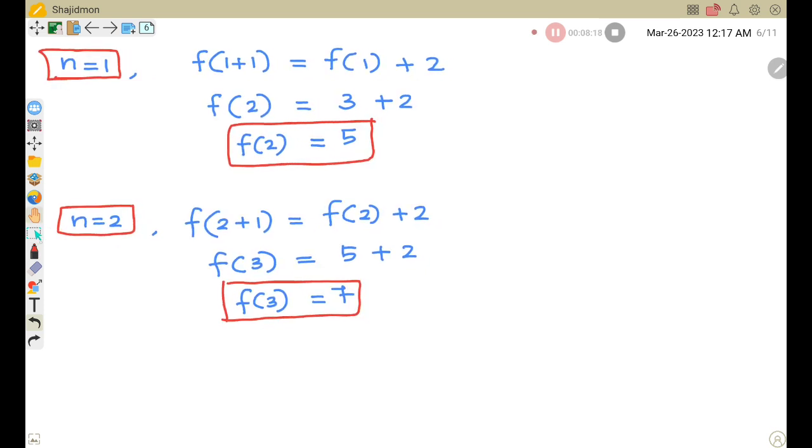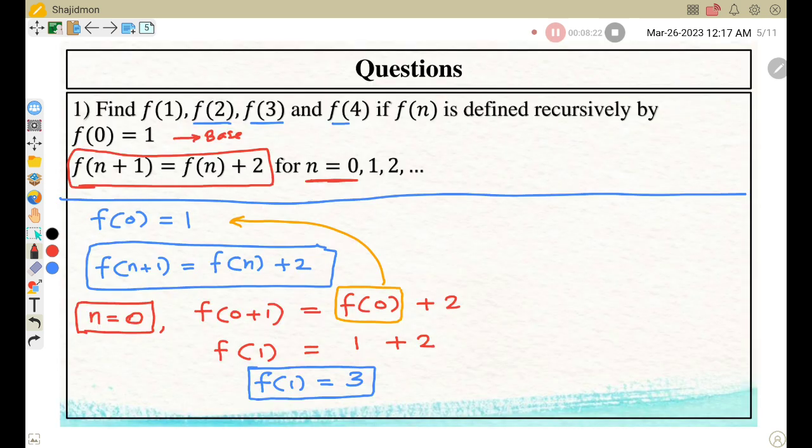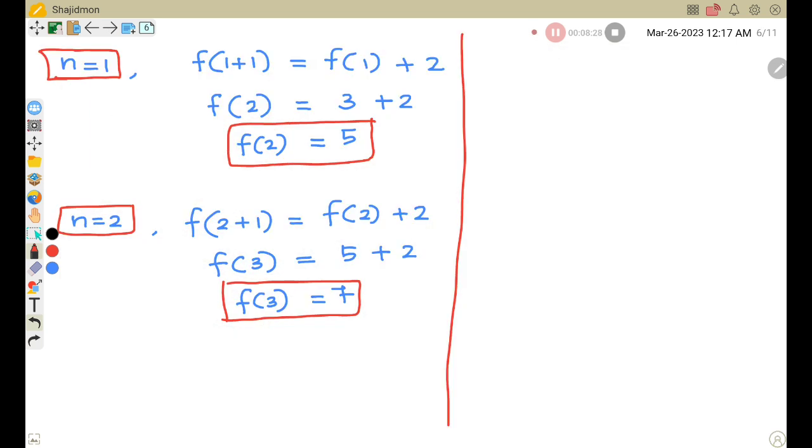Hope you understood. Now one more value we need to calculate. What is that? f of 4, correct? We need to calculate up to f of 4. n equals 0 we substituted, n equals 1 we substituted, n equals 2 substituted. Now we are going to do n equal to 3. So f of n plus 1, that means 3 plus 1 equals f of 3 plus 2, correct?